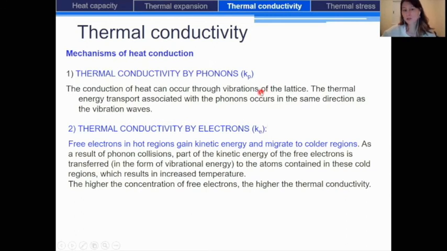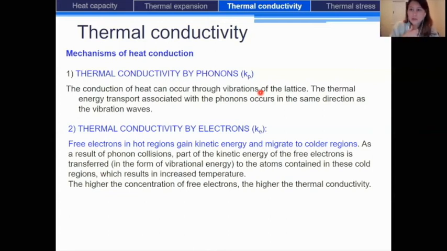Then we have also the contribution of the thermal conductivity by electrons. The free electrons that are in hot regions have a certain kinetic energy, and so they will move to a colder region, and they will transfer part of their kinetic energy by collision, transforming part of this kinetic energy into vibrational energy of the atoms in the colder region.